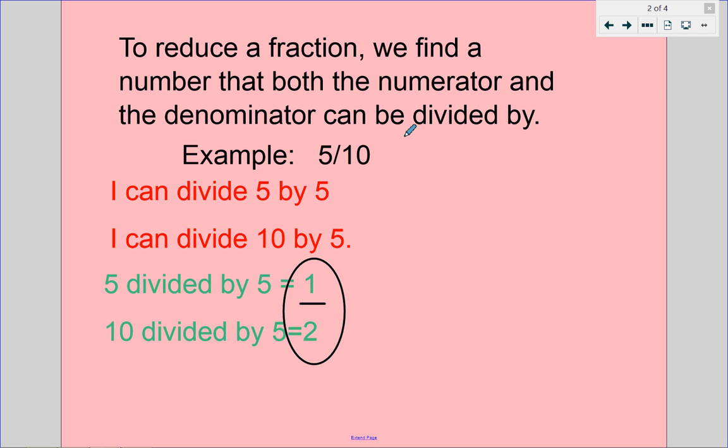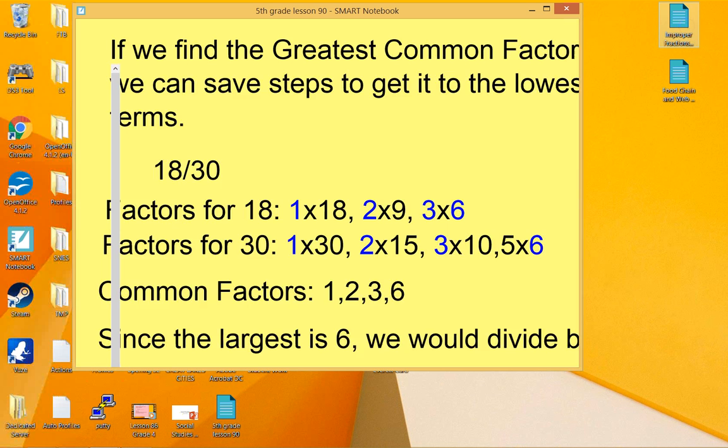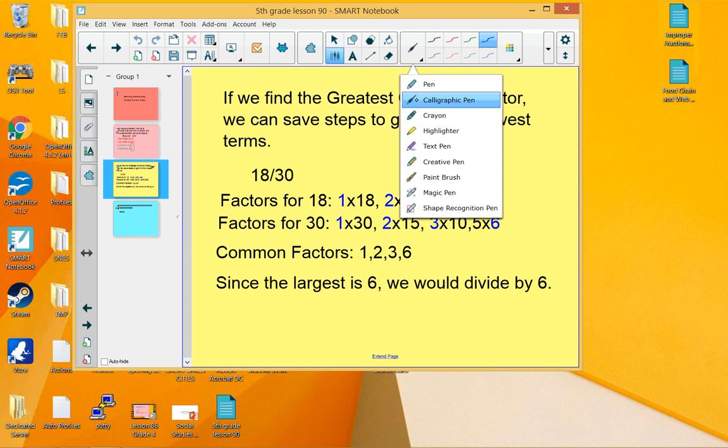Okay, so we're just dividing them out. If we can find the greatest common factor, we can save steps in trying to get it to the lowest terms. So we have 18/30 here, and we want to make it into the lowest terms that we can.